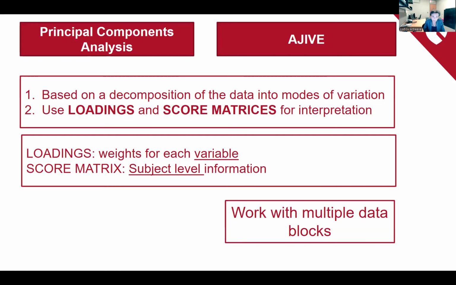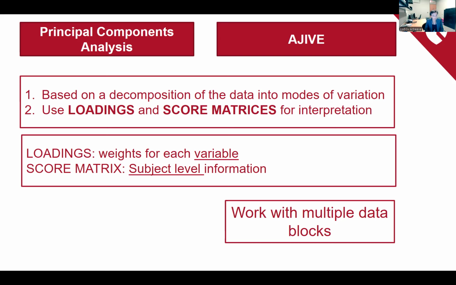Similar to principal components analysis, AJIVE is based on a decomposition of the data into modes of variation and using loadings and score matrices for interpretation. The loadings are the weights for each original variable when we calculate the principal component.